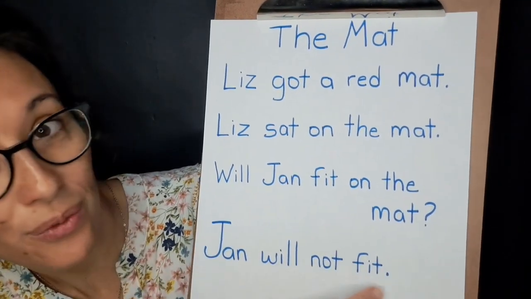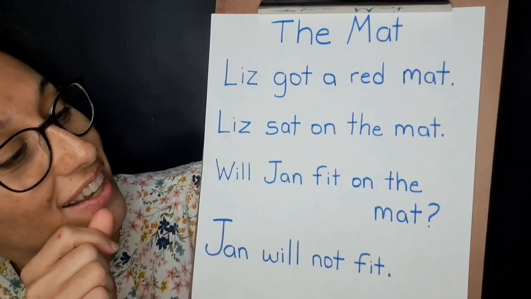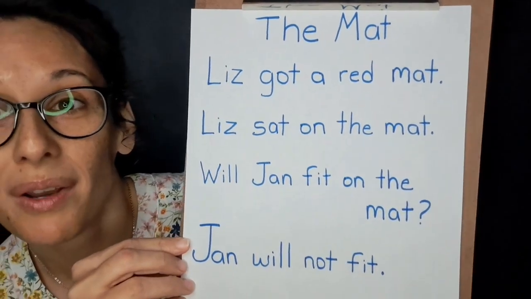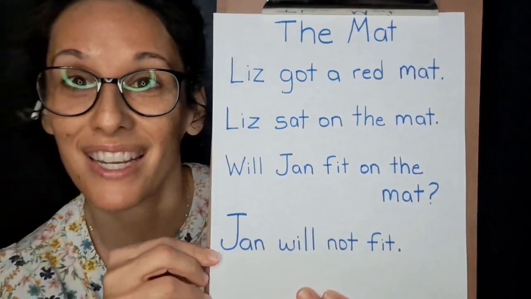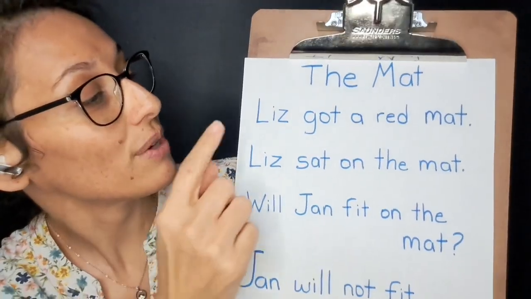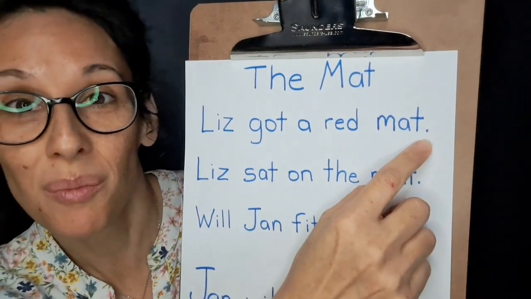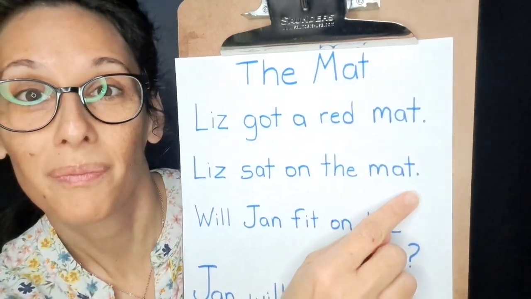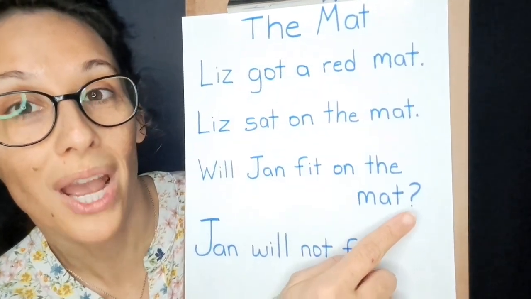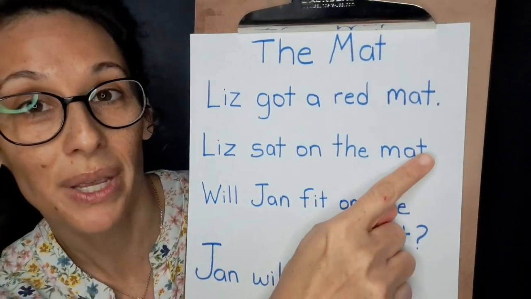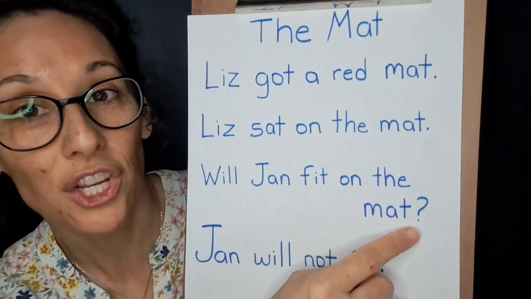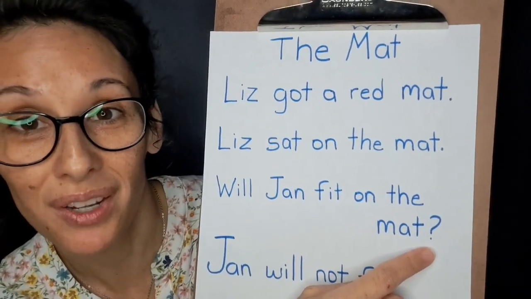Jan will not fit. Okay, do you remember what is at the beginning and ending of every sentence? If you notice, every sentence starts with a capital letter and it ends with a punctuation mark. And when it's a statement, it ends with a period, but when it's a question, it ends with a question mark.